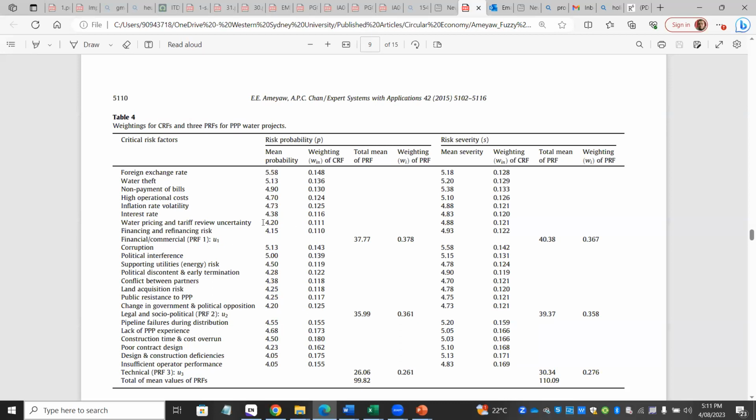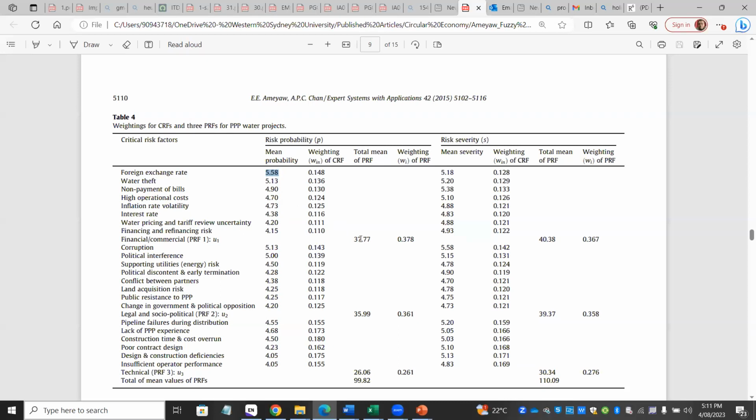Add them together, you get 37.77. Then the weighting, if you remember, I told you that the weighting falls between 0 and 1. So what do we do? To get the weighting of each factor, if you pick 5.58, you divide it by the total mean for the group.